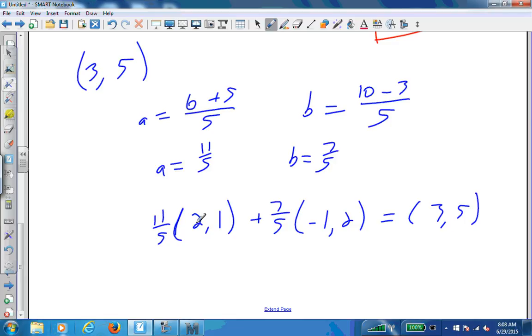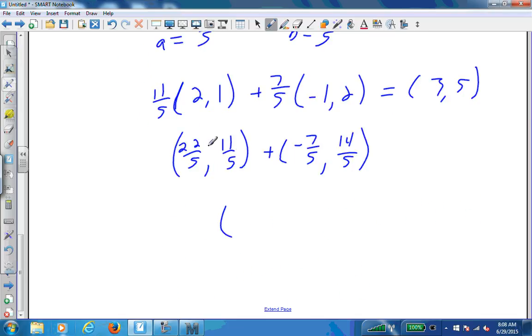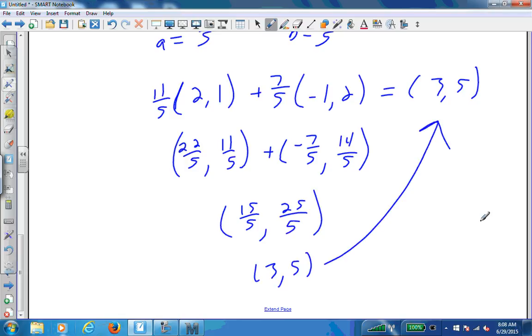So 11/5 times 2, that's 22/5. 11/5 times 1, so 11/5. 7/5 times -1, that's -7/5. 7/5 times 2, that's 14/5. So if we add those together, we get 22/5 minus 7/5, which is 15/5. 11 plus 14 is 25/5. 15 over 5, 25 over 5, which, yeah, that's what we were trying to get.